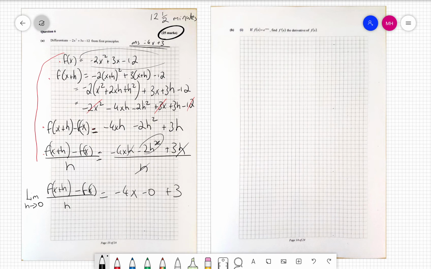That there becomes a 0, which is of course minus 4x plus 3, which is what we said the answer was, minus 4x plus 3. So that's it done.